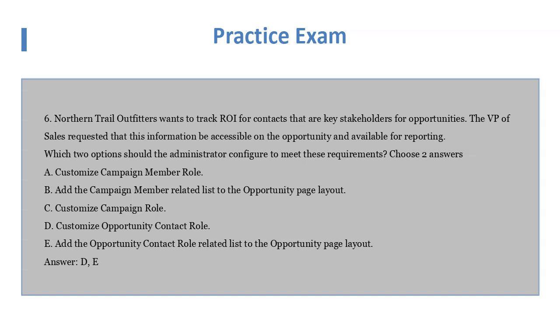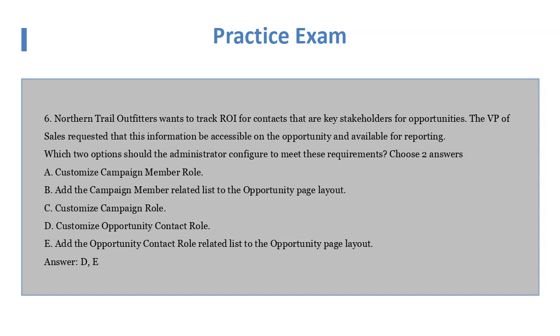6. Northern Trail Outfitters wants to track ROI for contacts that are key stakeholders for opportunities. The VP of Sales requested that this information be accessible on the opportunity and available for reporting. Which 2 options should the administrator configure to meet these requirements? Choose 2 answers. A. Customize campaign member role.